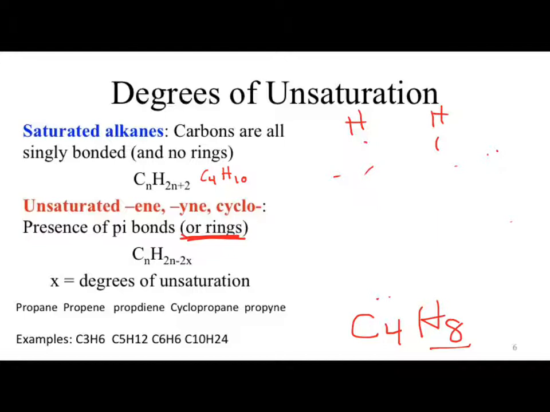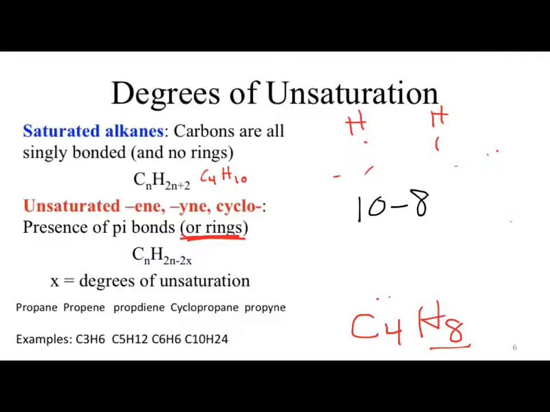Okay, let's take a look at a comparison here. We've got 10 hydrogens in our saturated structure. We've lost some hydrogens, so we want to find out how many. How many hydrogens do we have in our structure? 8.